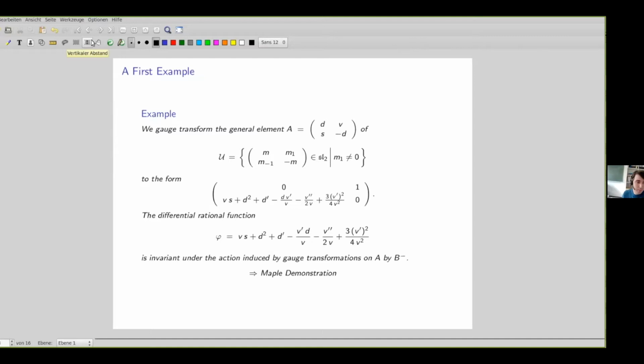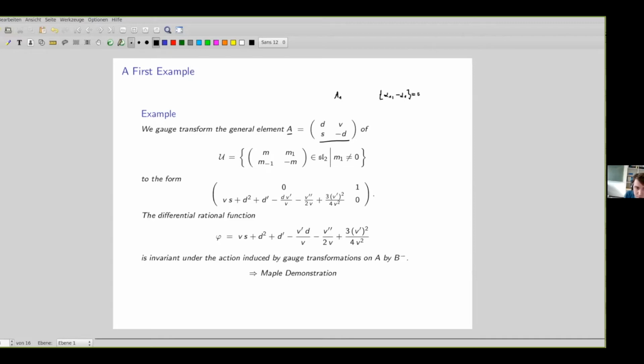So here we look at an element A of the Lie algebra of SL2, yeah. The root system here is of type A1, right? We have simply two roots. This is alpha 1 and minus alpha 1.